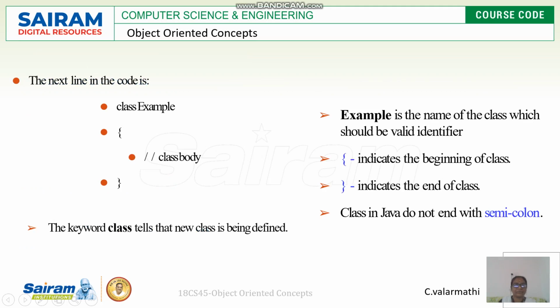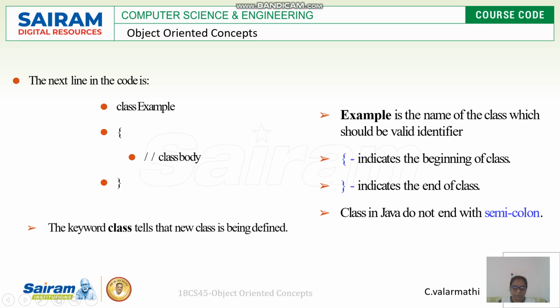And then what is the next line? After that, we have a small description about our class. According to the previous example, class is a keyword, then Example, and it starts with an opening curly brace. The opening curly brace indicates the beginning of the class, after that the class body will be written, and the closing curly brace indicates the end of the class.